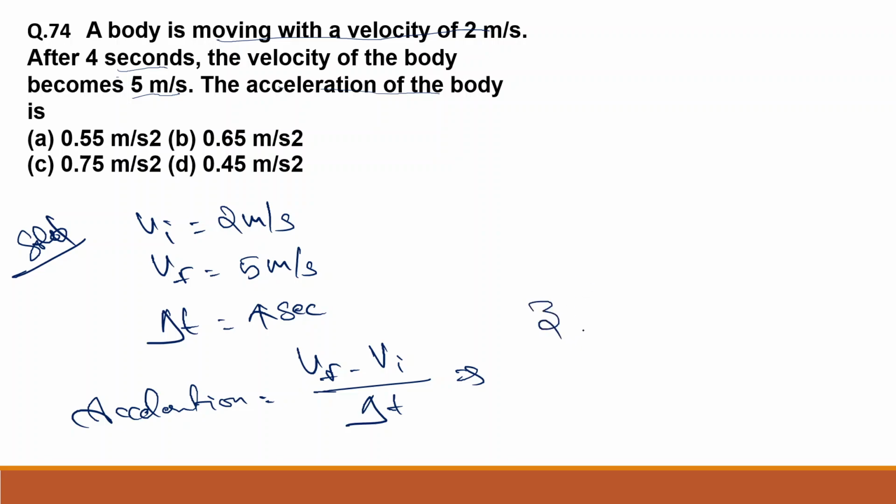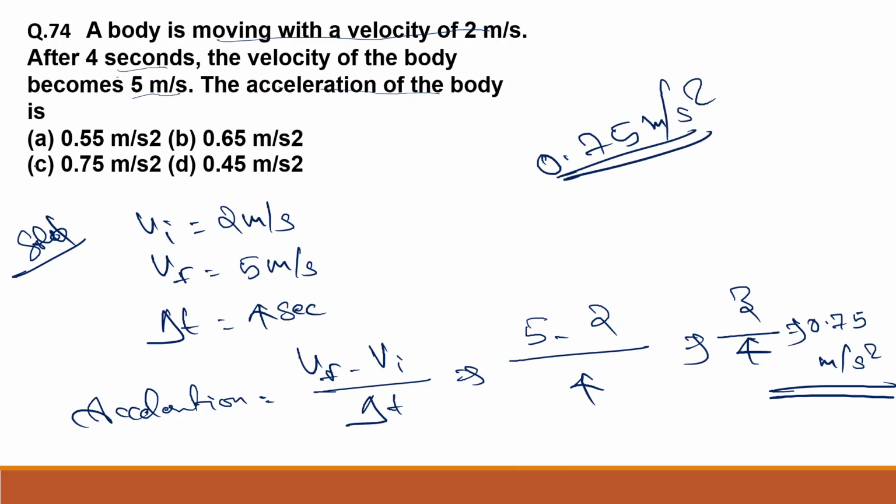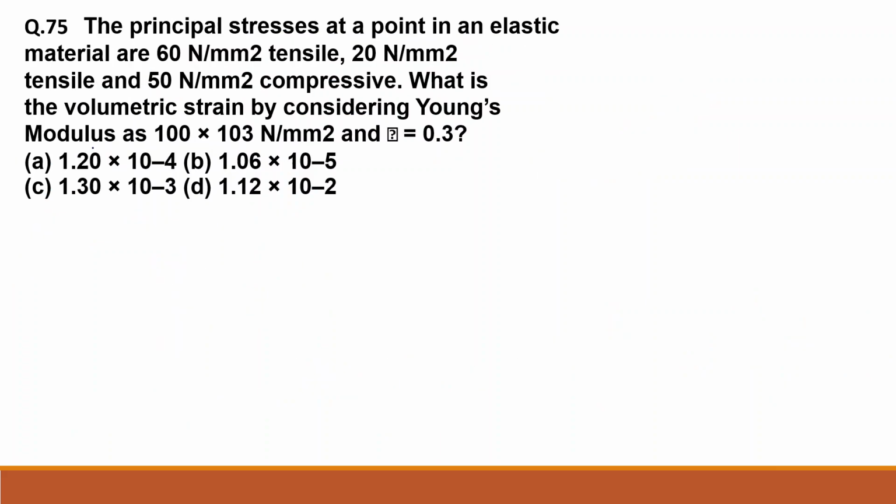By applying all the values, Vf is 5, Vi is 2, and del t is 4. By solving this, 3 upon 4 is equal to 0.75 meter per second square. 0.75 meter per second square is the correct answer. Option number C will be our right answer.